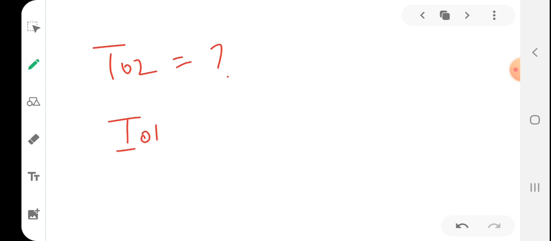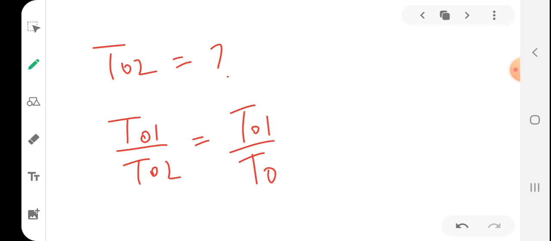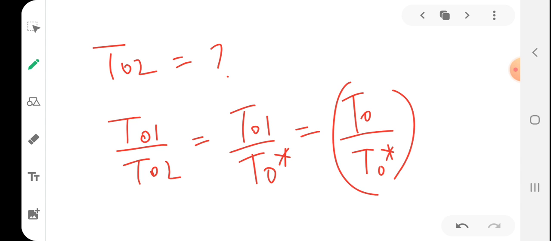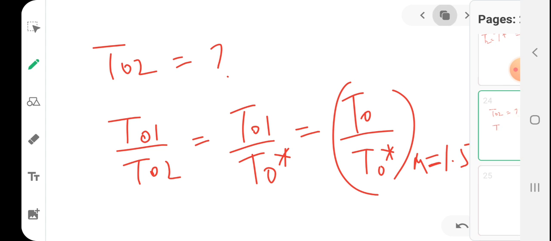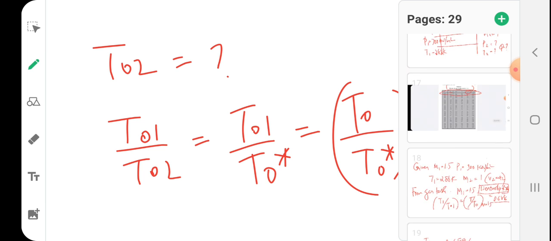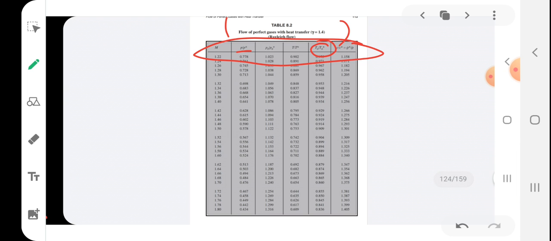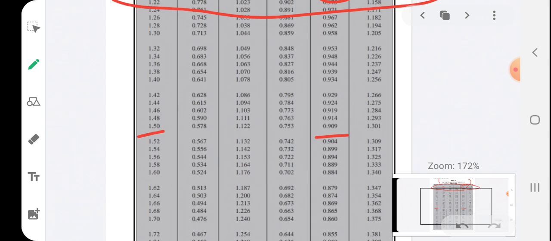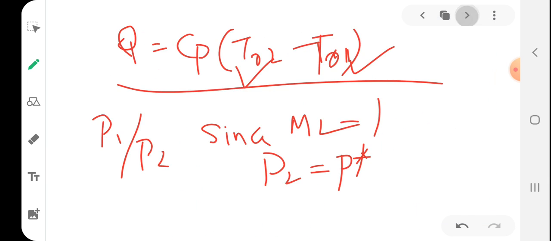T01 by T02 is nothing but T01 by T0 star, because T02 is the same as T0 star. It will be T0 by T0 star corresponding to Mach equal to 1.5, and that value you can obtain from the table: T0 by T0 star is 0.909.